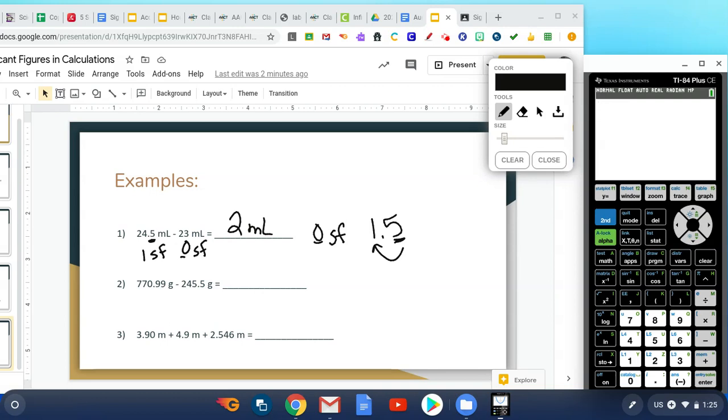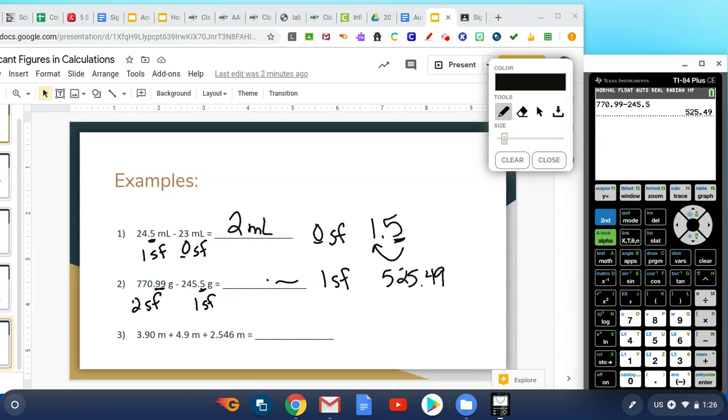Now let's look at number 2. I have 2 significant figures to the right here and only 1 here. So 2 sig figs to the right and 1 sig fig to the right. So I can only have 1 sig fig to the right in my answer. So 770.99 minus 245.5 equals 525.49.